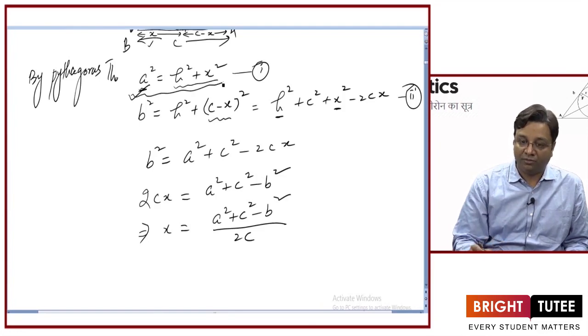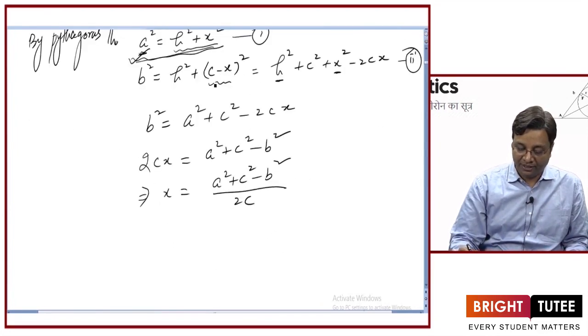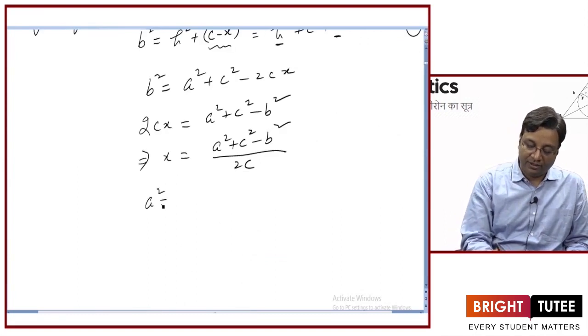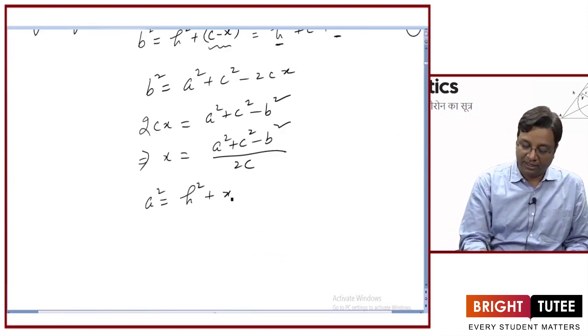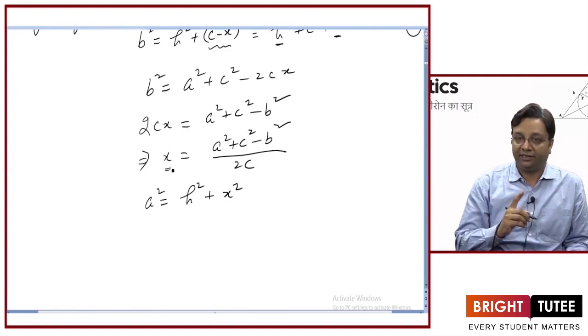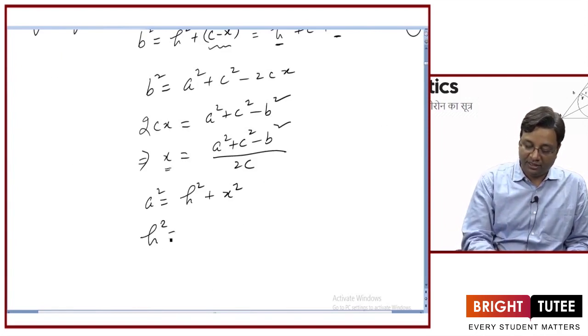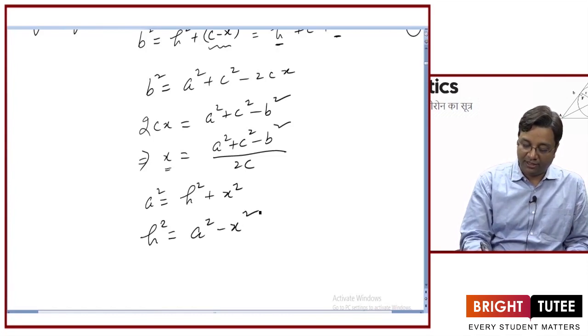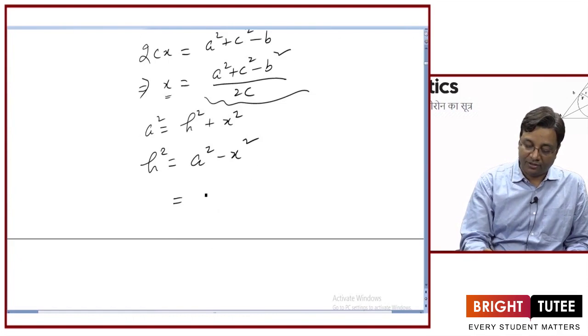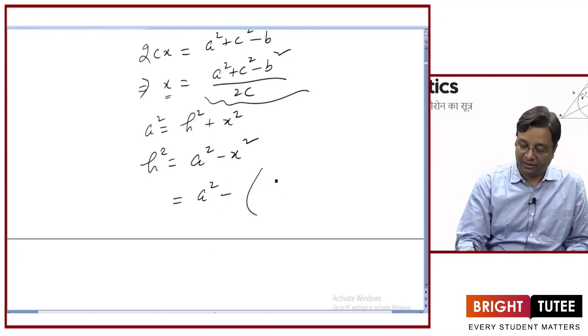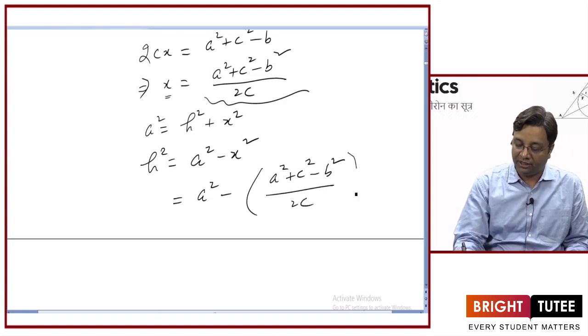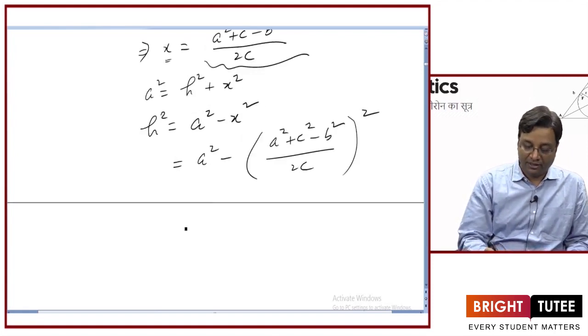According to this equation, a square is equal to h square plus x square, right? So, a square is equal to h square plus x square. I have got x, but I haven't got h yet, right? So, to find h, I can use this formula here. So, what is x? X is this quantity. So, a square minus a square plus c square minus b square divided by 2c whole square. Okay.